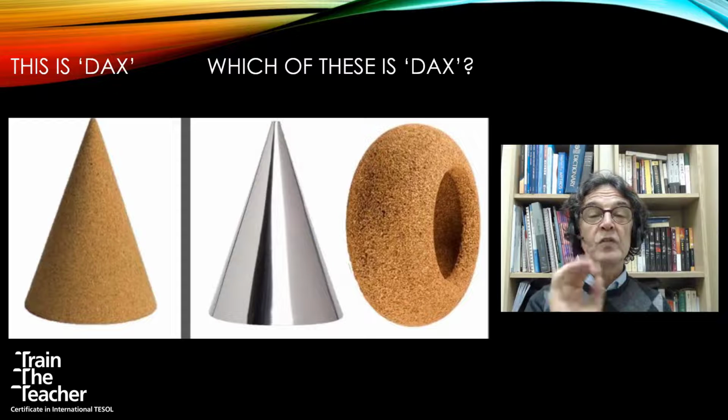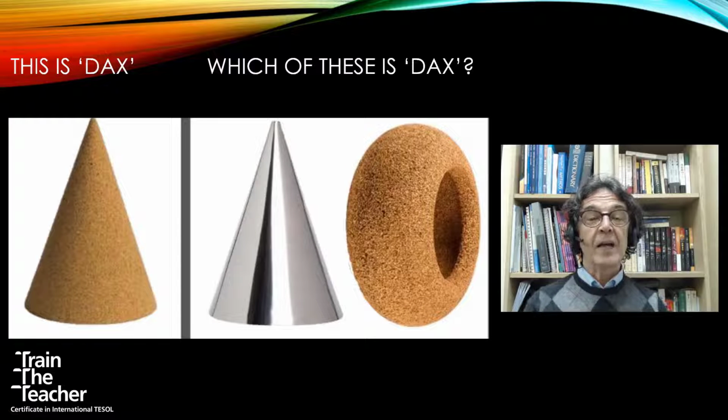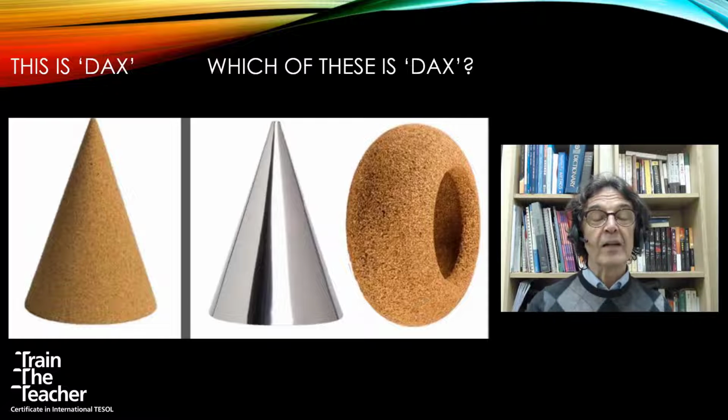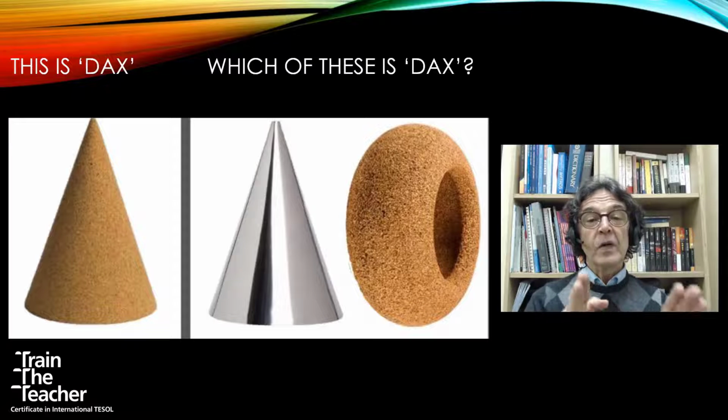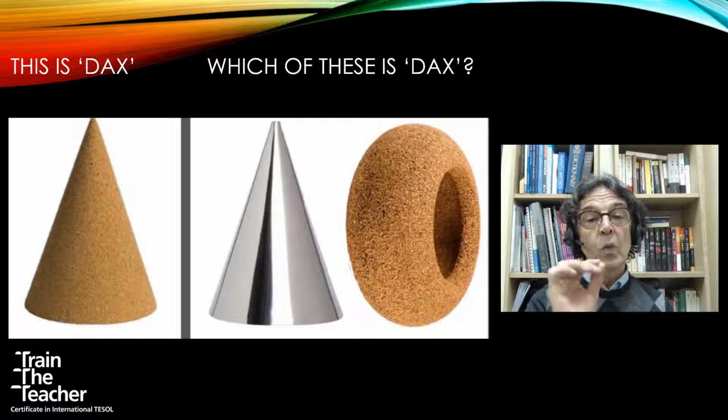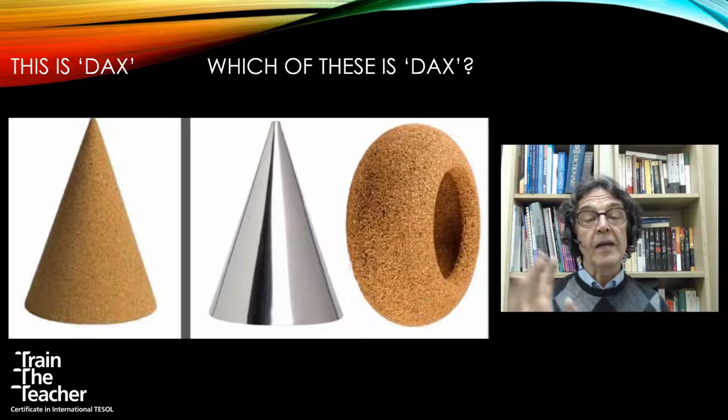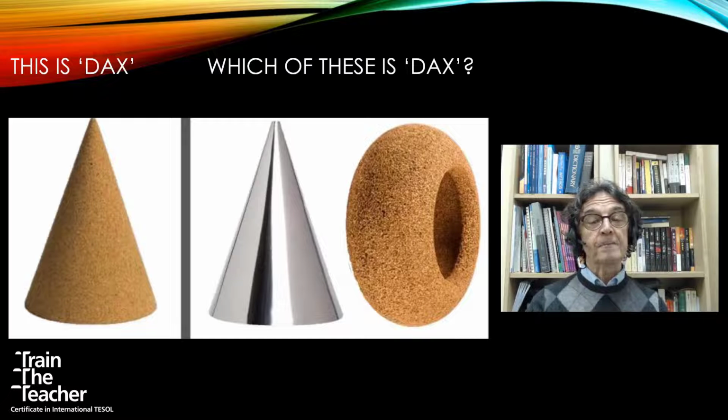Okay. I'm going to assume that you've had enough time to pause and think about that, and let's go with the answer. Now, you will notice that the object on the left is cone shaped. And what Westerners will tend to do is identify the cone on the right as being Dax.